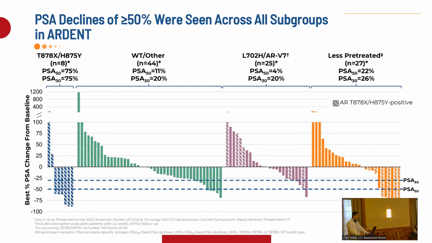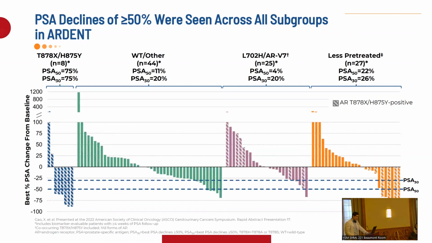And when there are co-occurring mutations, such as L702H/ARV7 (just briefly, the ARV7 mutation is when the ligand binding domain has been mutated out and the androgen receptor is constitutively active), within this population, the PSA 50 rate was only observed in 4% of the patients.